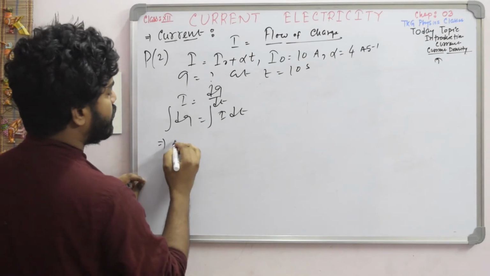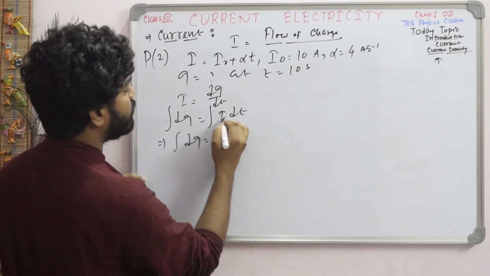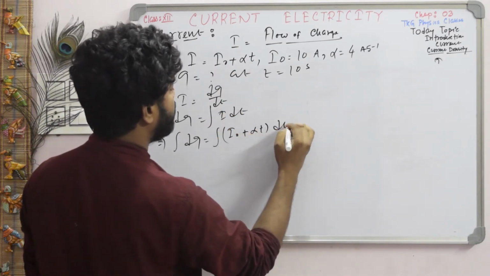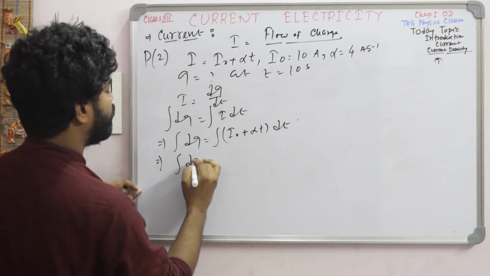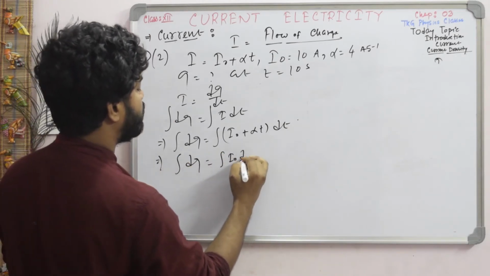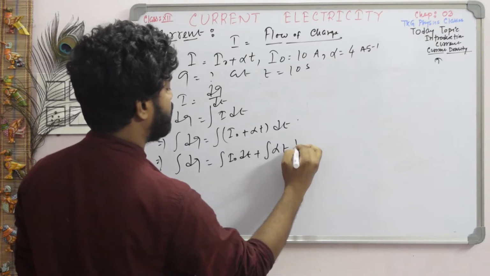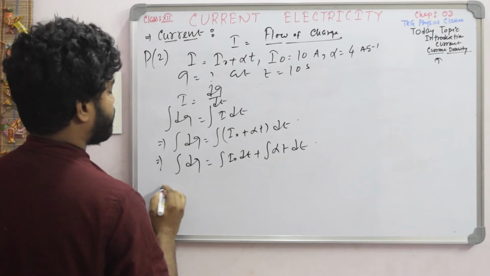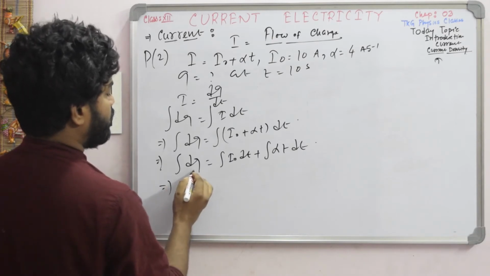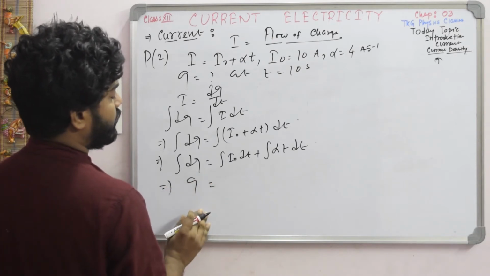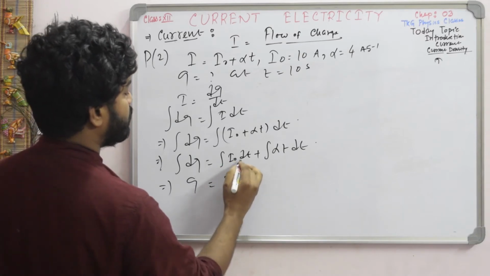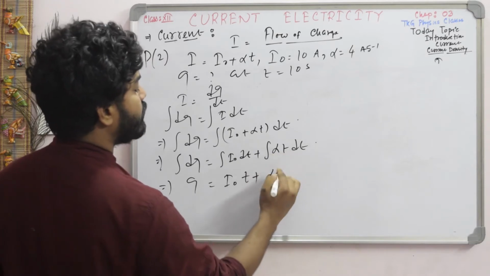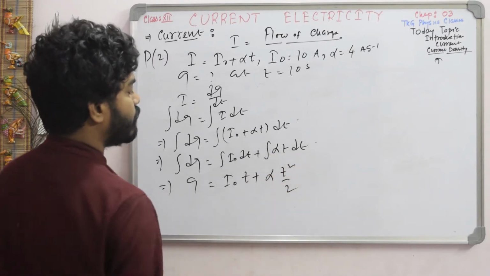So, in the place of I, write I naught plus alpha t, into dt. Now simplify: dq equals I naught dt plus alpha t dt. Now integrate this: q equals I naught times the integral of dt, that is t, plus alpha times the integral of t dt, that is t square by 2.